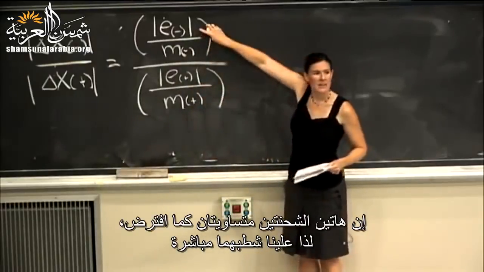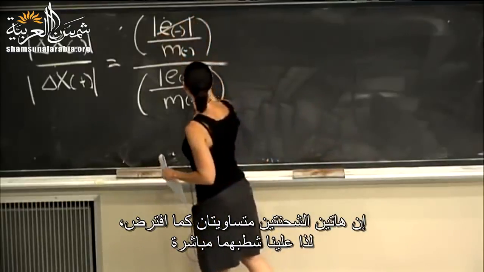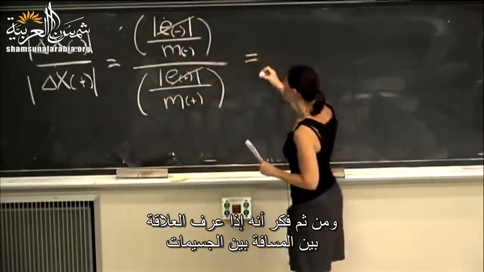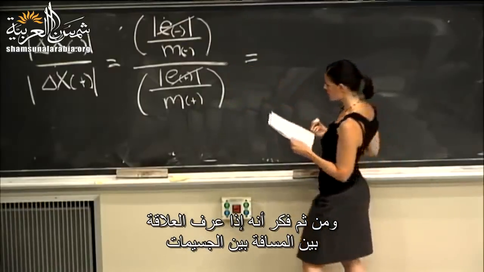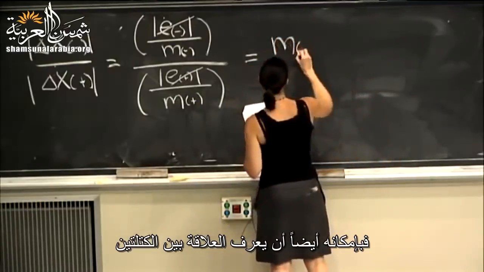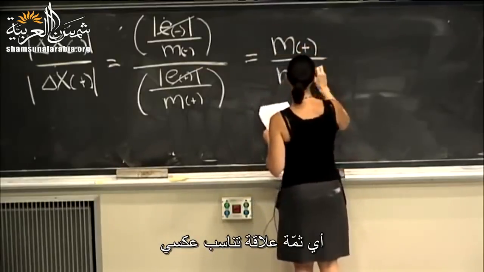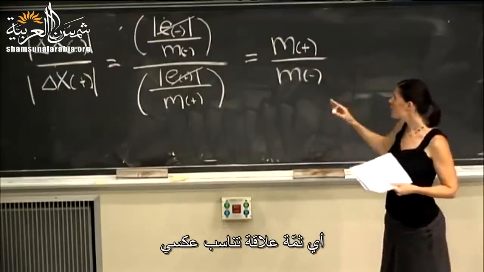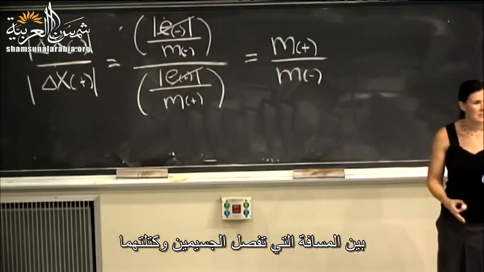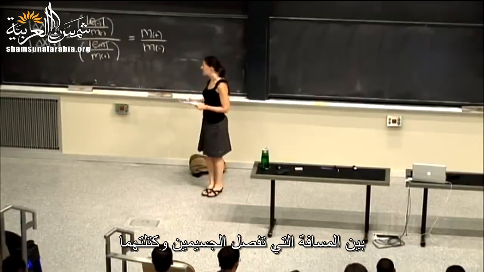And as we said, he made the assumption that those two charges were equal. So we can go ahead and cross those right out. So what that told him was if he knew the relationship between how far they were each displaced, he could also know something about the relationship of the two masses. So essentially, there was an inversely proportional relationship between how far the particles were displaced and what the mass of the two particles turned out to be.